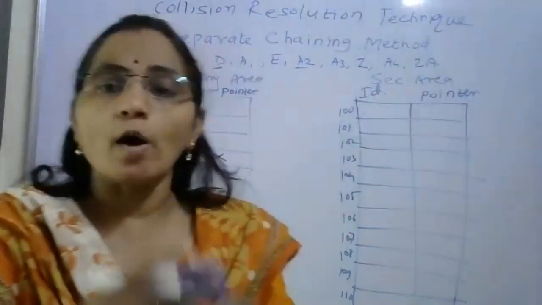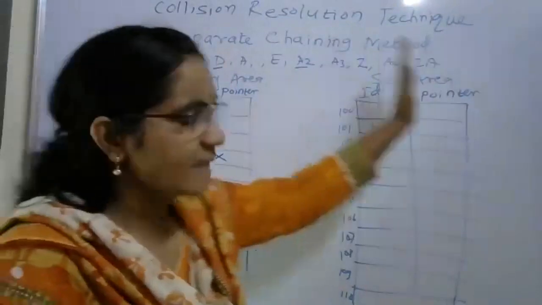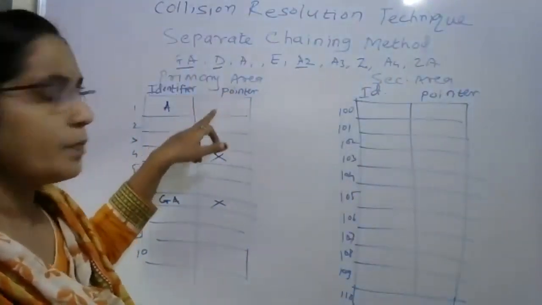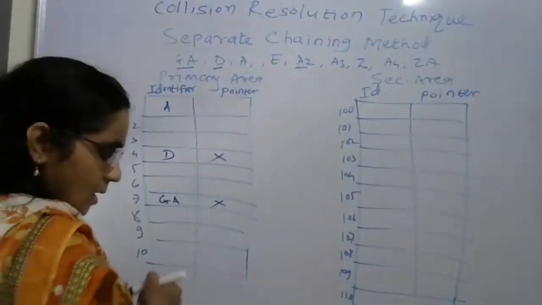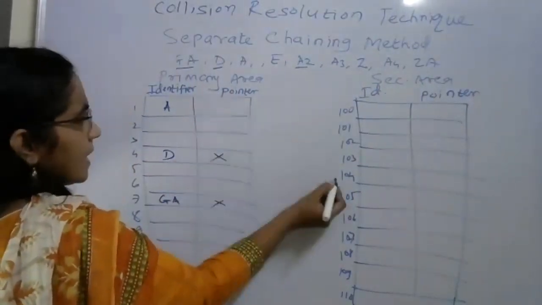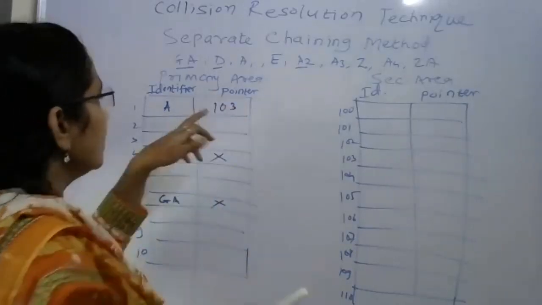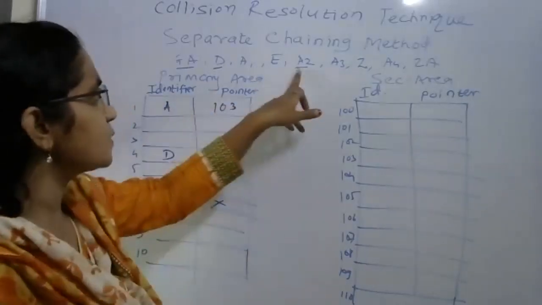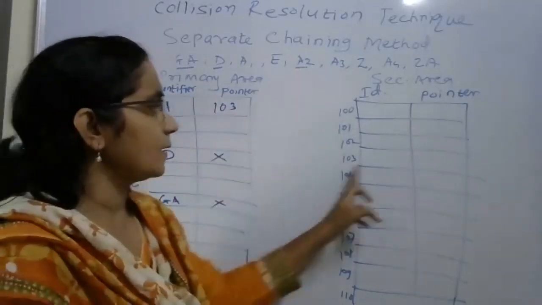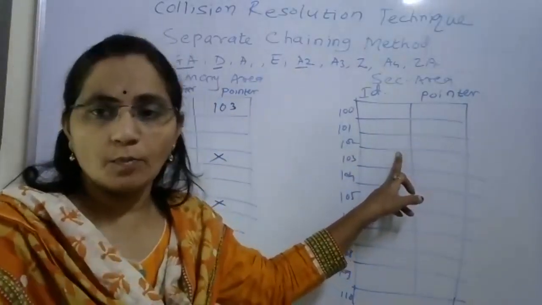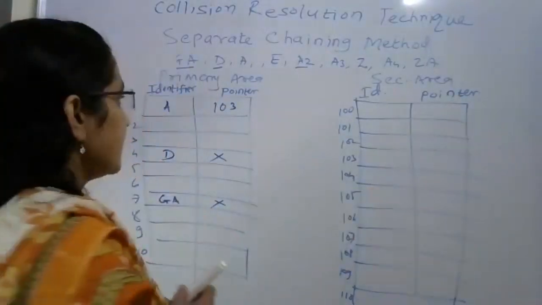Now you store all these A2, A3, A4 into the secondary area by giving the address in the pointer. Suppose, for example, I take A103. The meaning is that the next identifier that starts with A will be stored at location 103. Like this the collision resolves.